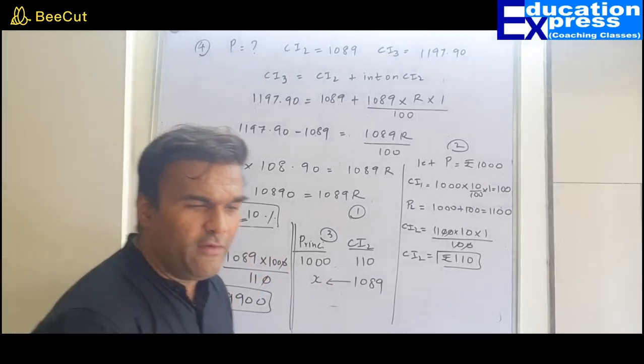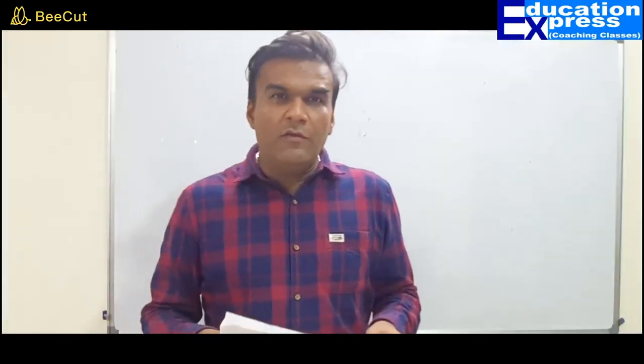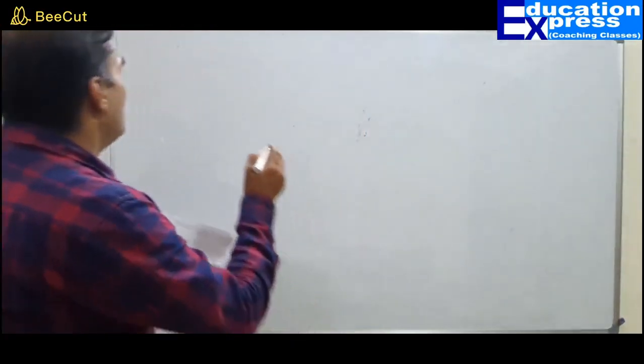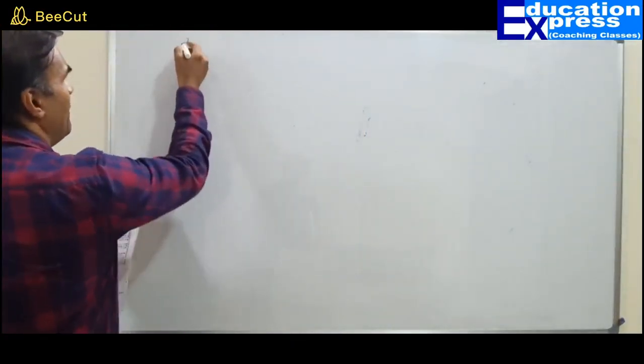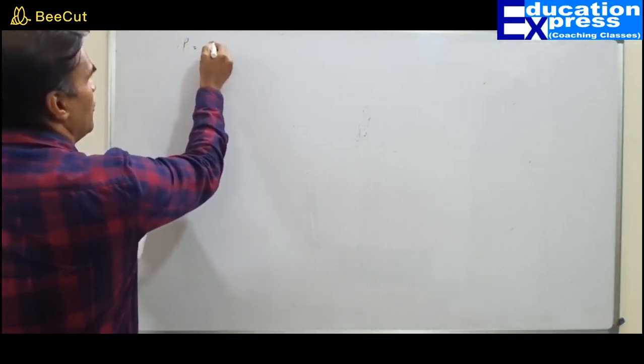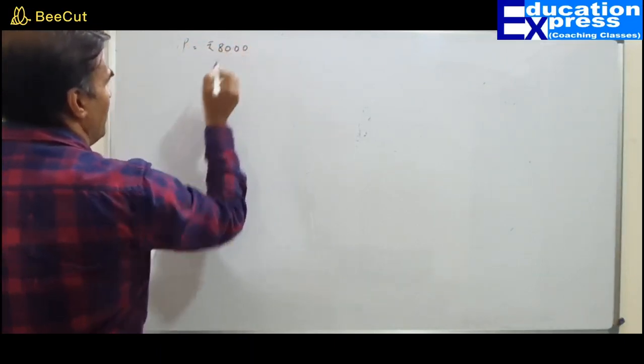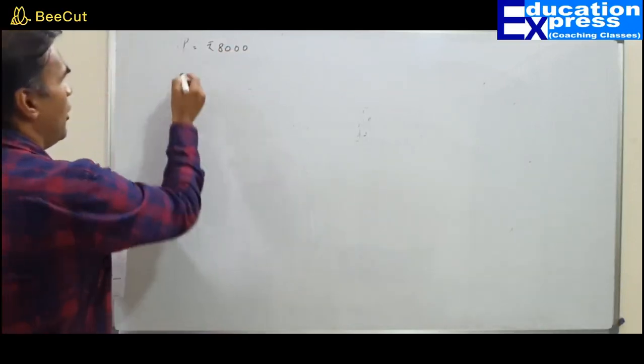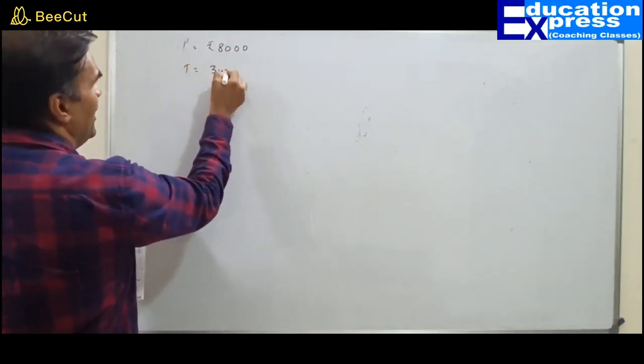Question number 5. So we begin with question number 5. Mohit invests rupees 8000 for 3 years at certain rate of interest. So Mohit is investing, principal amount would be rupees 8000 at certain rate of interest for time period 3 years.